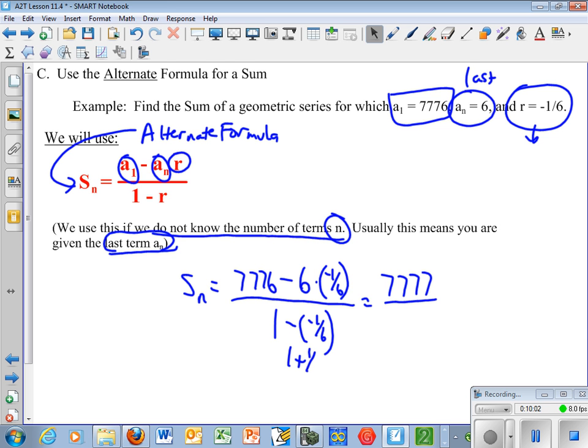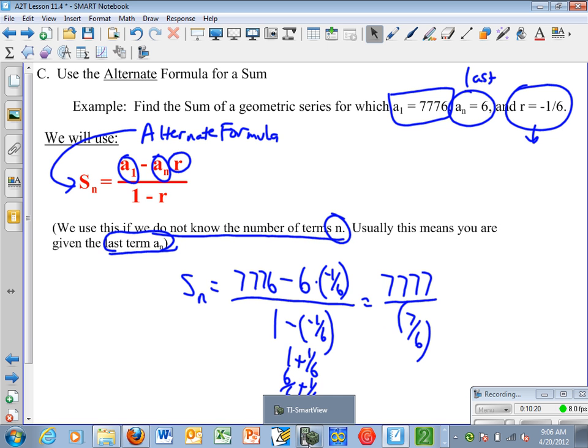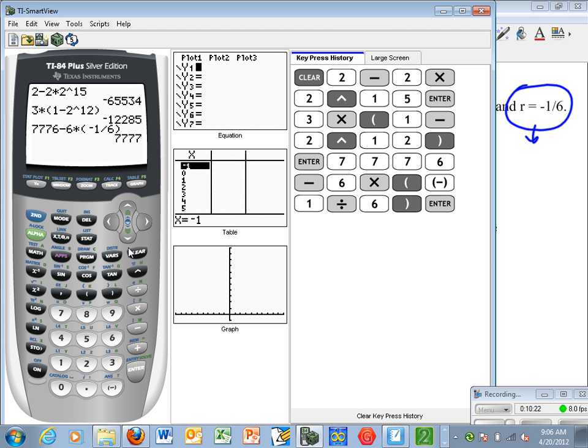Now I take 1 minus a negative 1/6. That's 1 plus 1/6. So if I actually do that, that's 6/6 plus 1/6, which is 7/6. So I'm going to divide by 7/6. Do not round off any decimals. You need to enter them as fractions on your calculator. So let's go back to the calculator and divide that 7,777, which is already in there.